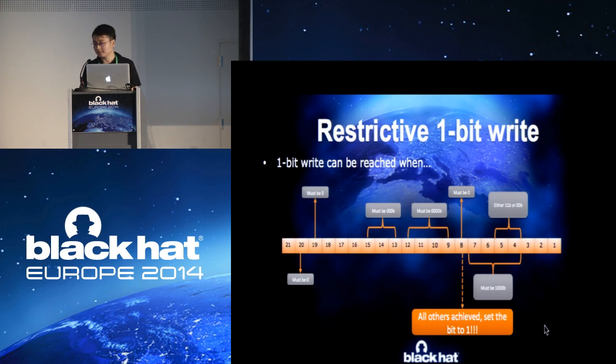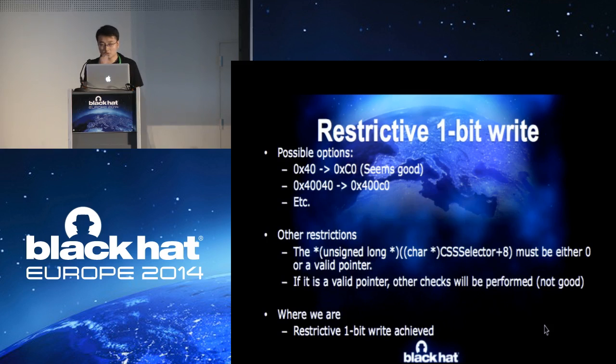That's a vulnerability. So what we can do is possibly choose some options. First, you can choose a value of 0x40 to 0xc0. This seems to be good, although we have some other possible options, they are not that useful. And there are also some other restrictions.